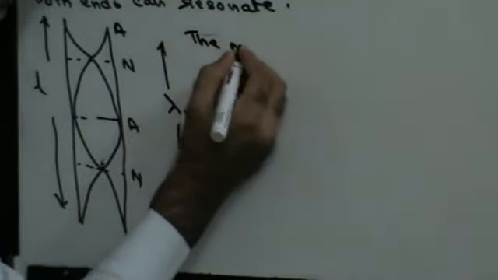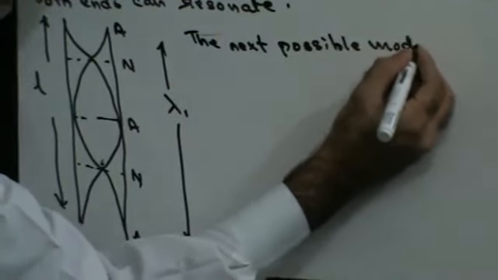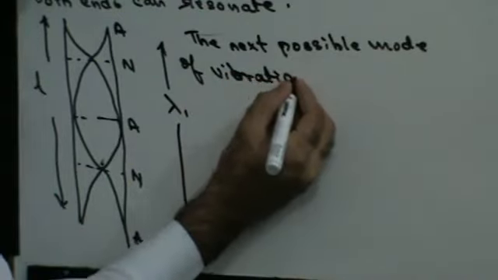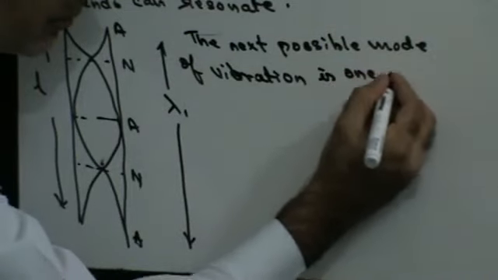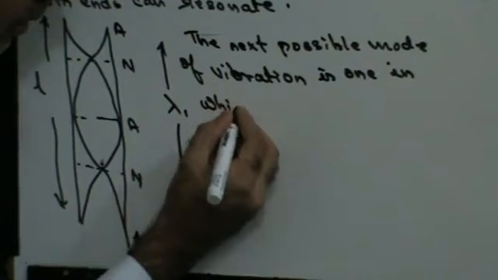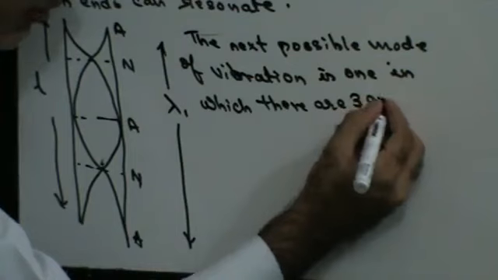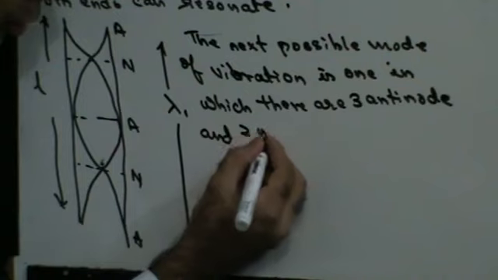I can say that the next possible mode of vibration is one in which there are three antinodes and two nodes.